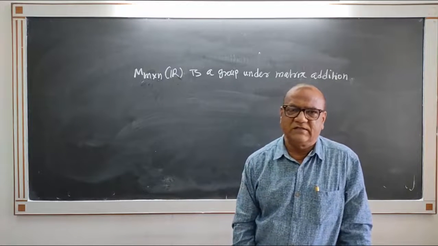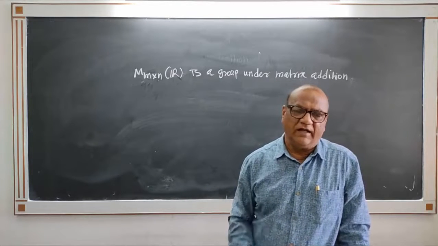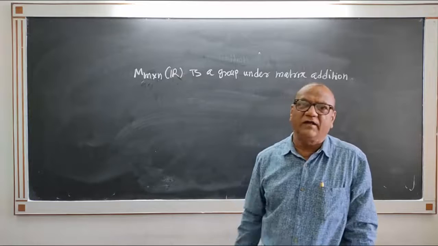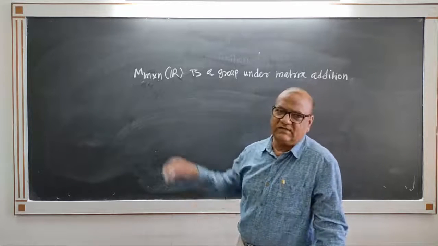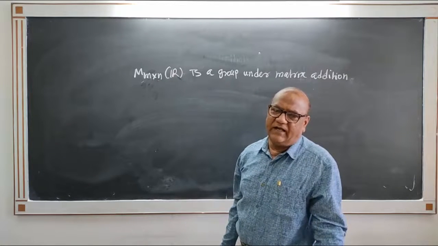The null matrix, with all entries zero, of order m by n is the identity.